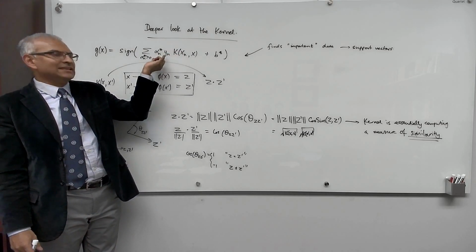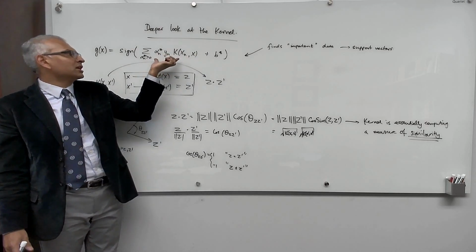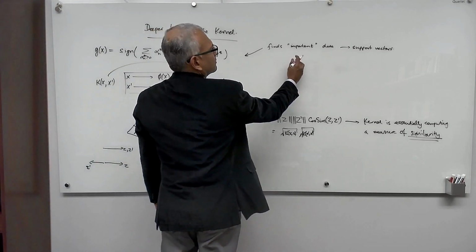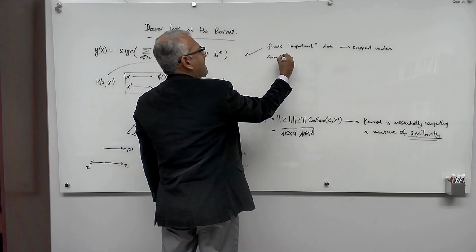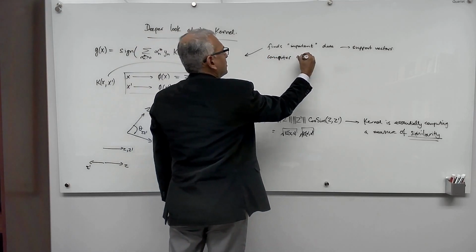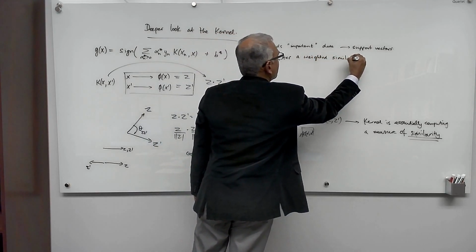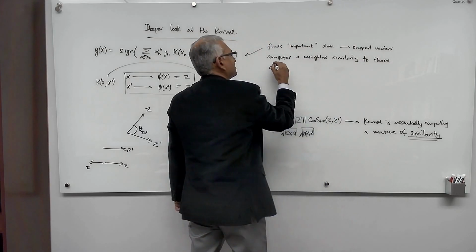I weight it, and then I have my bias, but I'm basically computing a weighted similarity to a bunch of data points. So it finds the important data points, the support vectors, and then computes a weighted similarity to those data points.